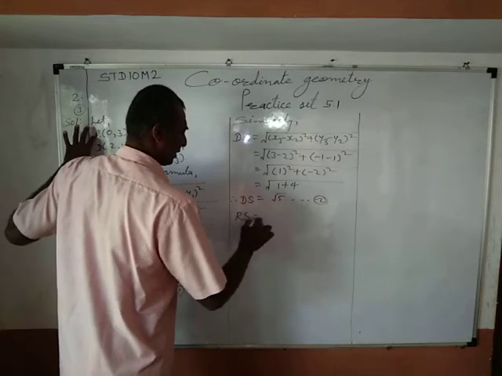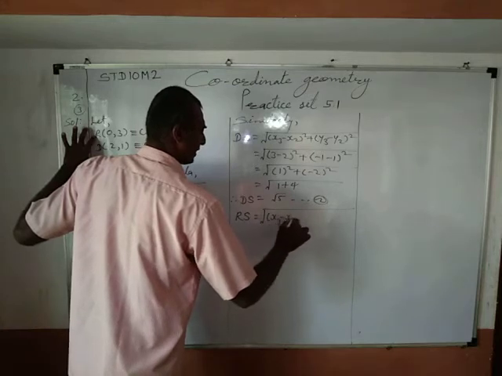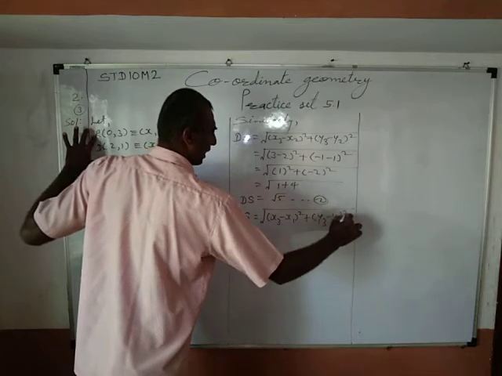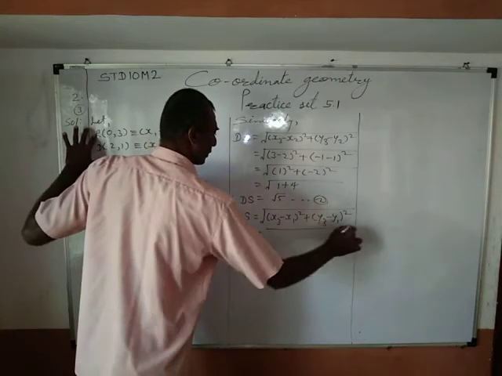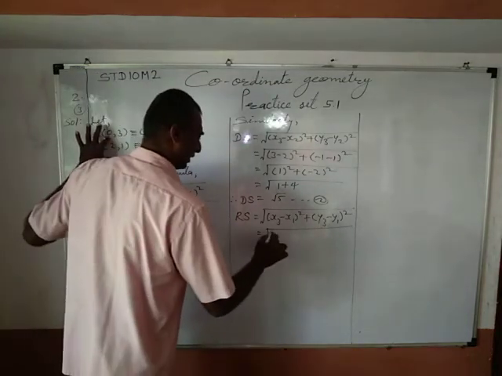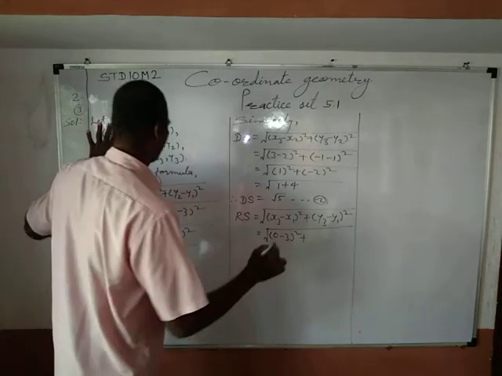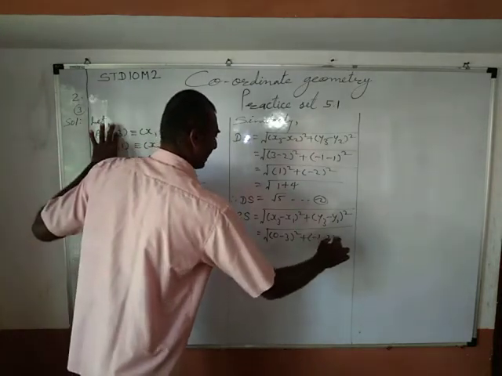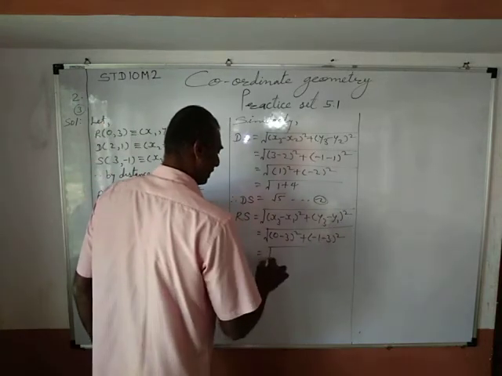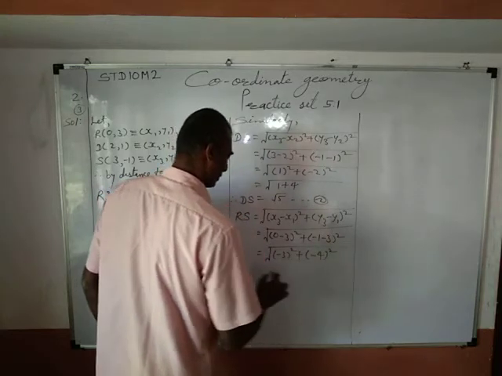RS equals under root (x3 minus x1) whole square plus (y3 minus y1) whole square, equals under root (0 minus 3) square plus (minus 1 minus 3) square equals under root minus 3 square plus minus 4 square.